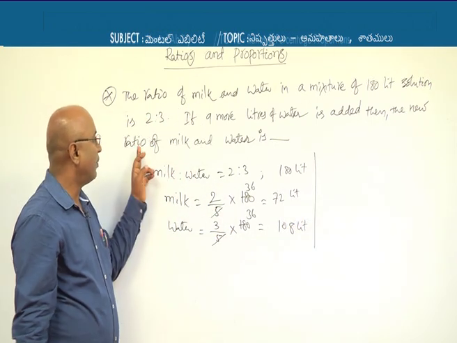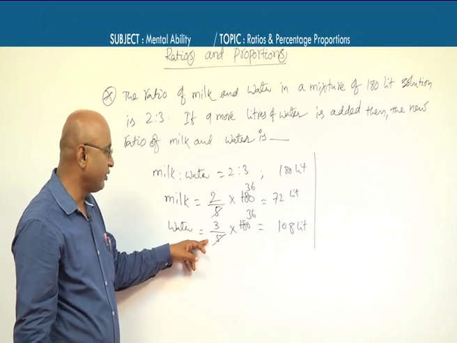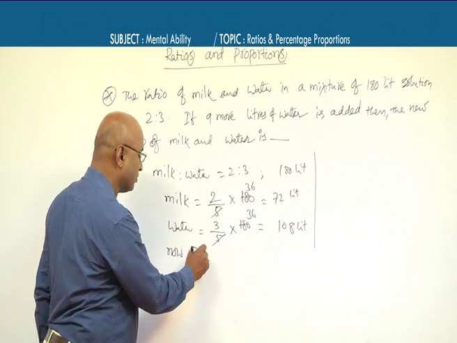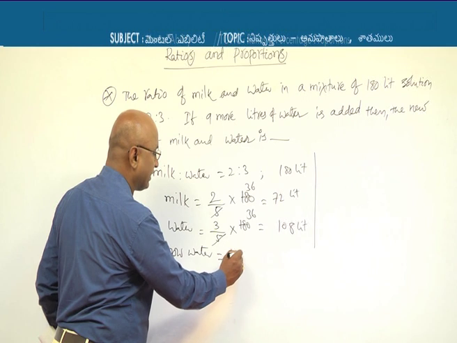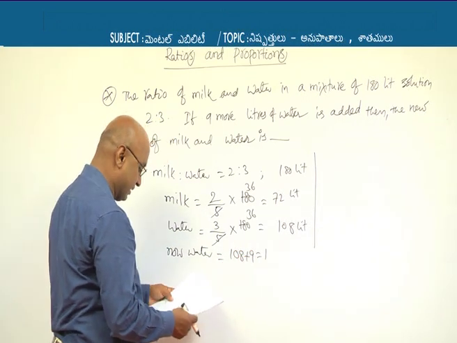ఇప్పుడు మరొక 9 లీటర్ల నీటిని చేర్చడం వల్ల నీరు యొక్క క్వాంటిటీ ఎంత అయిందంటే, నౌ వాటర్ ఈజ్ ఈక్వల్ టు 108 + 9, that is equal to 117.